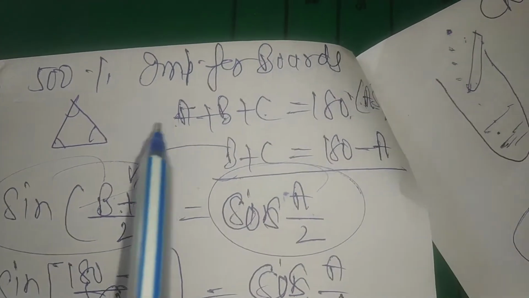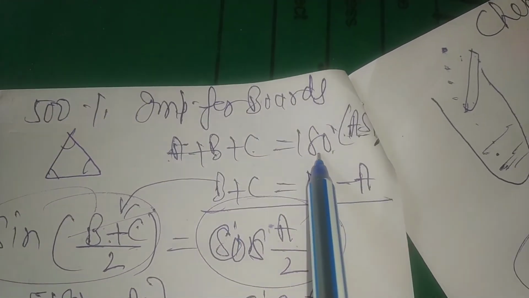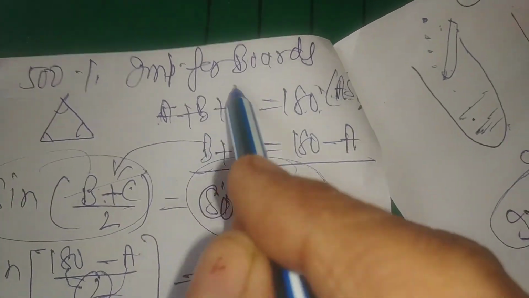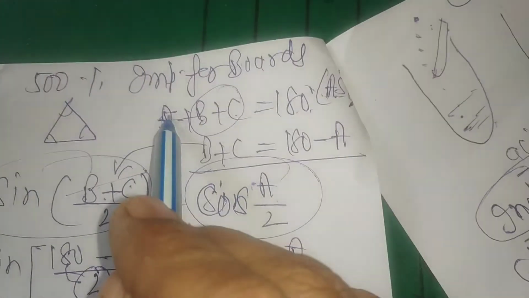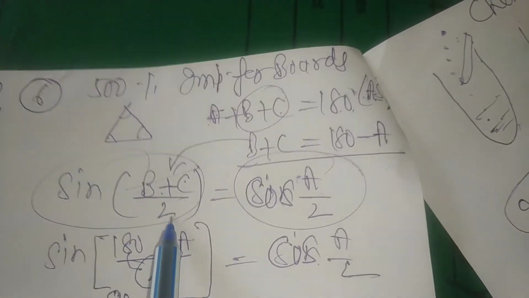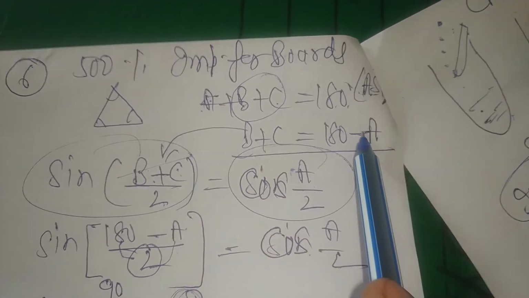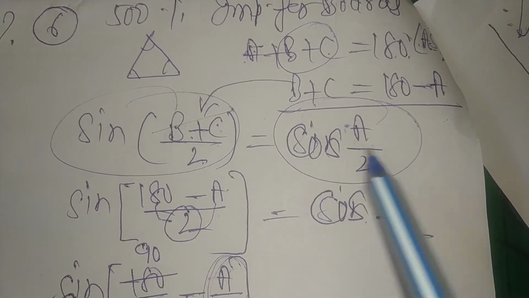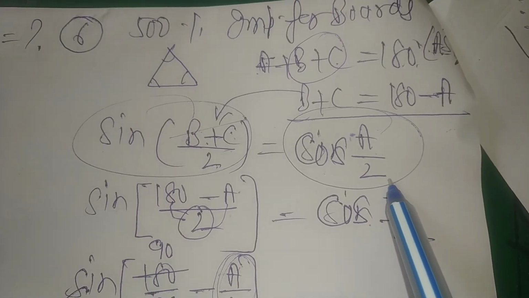So I am writing here A plus B plus C equals 180 degrees, angle sum property, ASP. So keep B plus C on the left hand side and A will go to the right hand side. Now just replace the value of B plus C from here. This is sine of (B plus C) by 2 equals cos A by 2, which we have to prove.